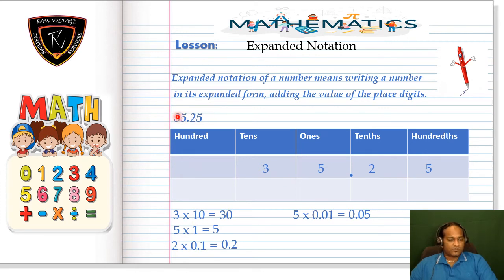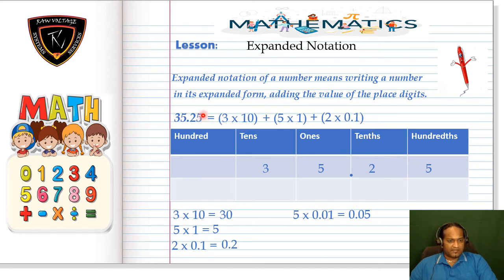Right, so first we'll do the 3. You know the 3 is in the tens place, so it will be 3 multiplied by 10, and we're adding, so it will be plus. The 5 is in the ones place, so it's 5 multiplied by 1. We know the tenth place is the 2, so it's 2 multiplied by 0.1, and we add again because we have one more digit.